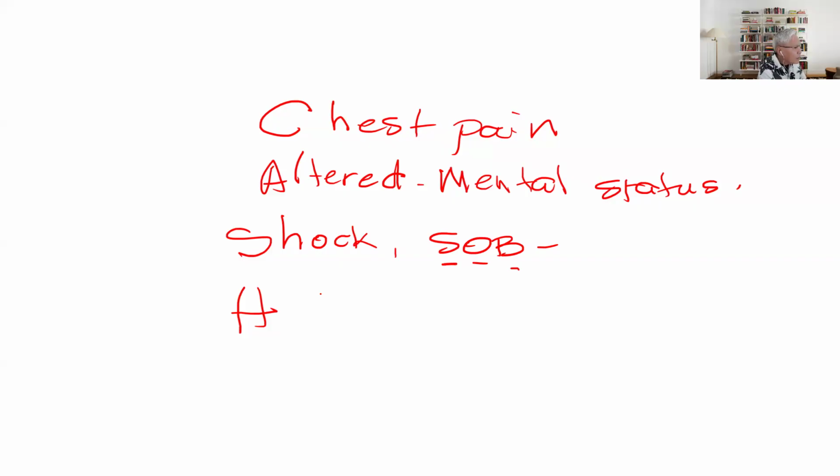And the last one is either hyper or hypotension. So a blood pressure of 200 or a blood pressure of 60 are both manifestations of a decrease in cardiac output, and therefore they need to be treated.